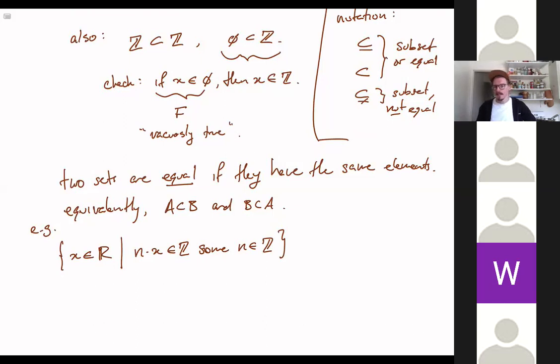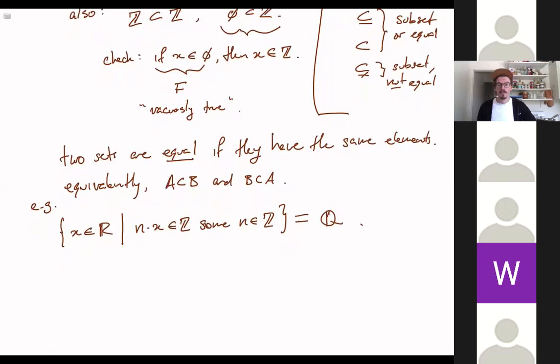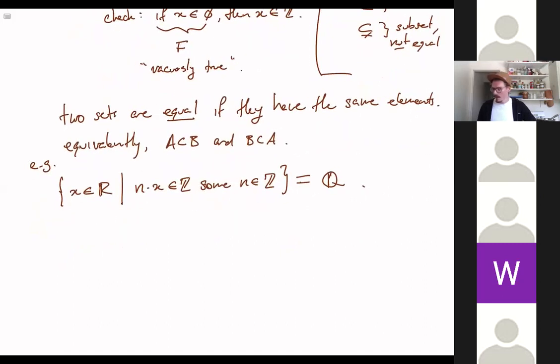What set is this? Claim that it is equal to the rational numbers. So let's check this. And often you'll find that checking equality of sets comes down to checking these two things. So we'll check both directions.